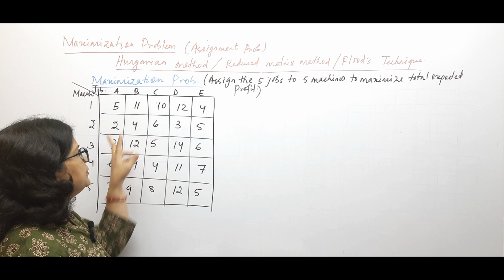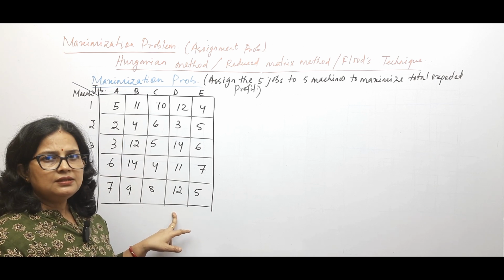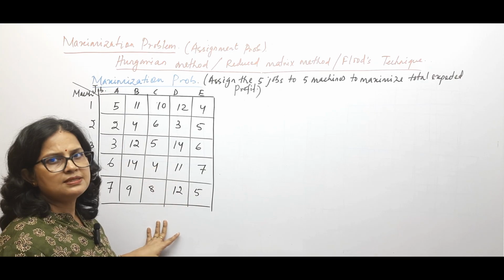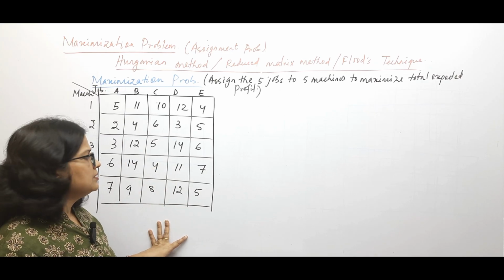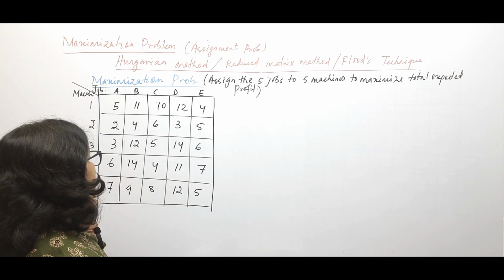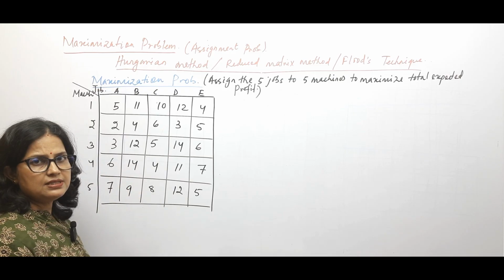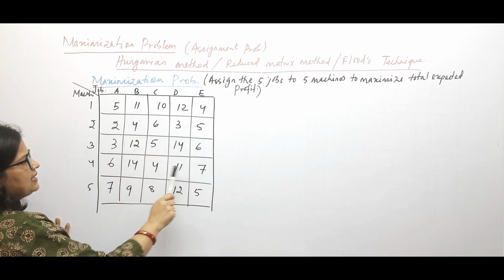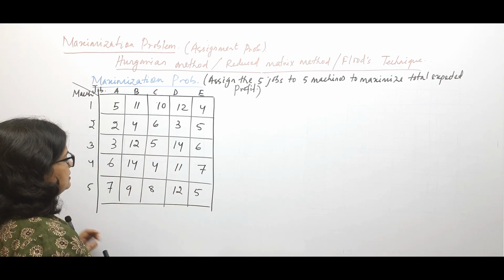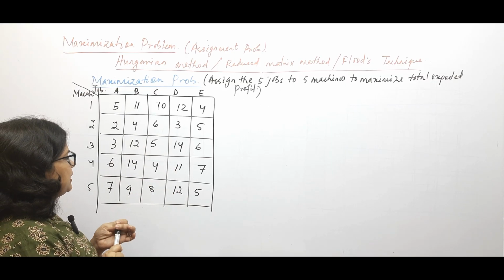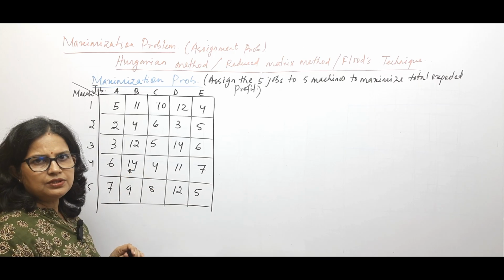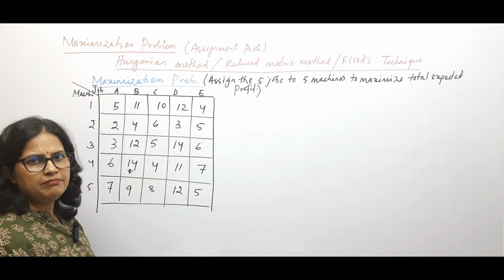We have to find the highest value in this matrix. So what is the highest cost or highest value in this matrix? If you see, we have to check each cell of the matrix, and we can say that 14 is the highest value, or element, in the matrix.